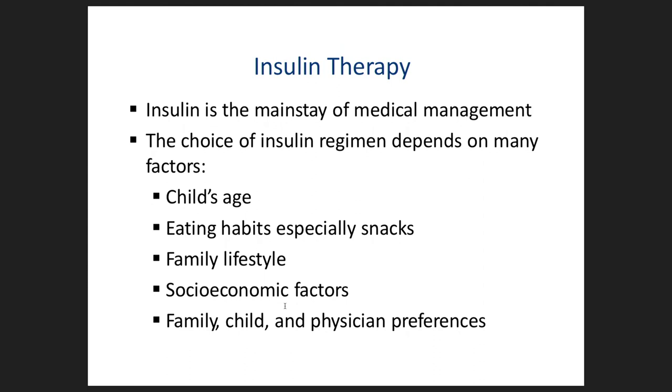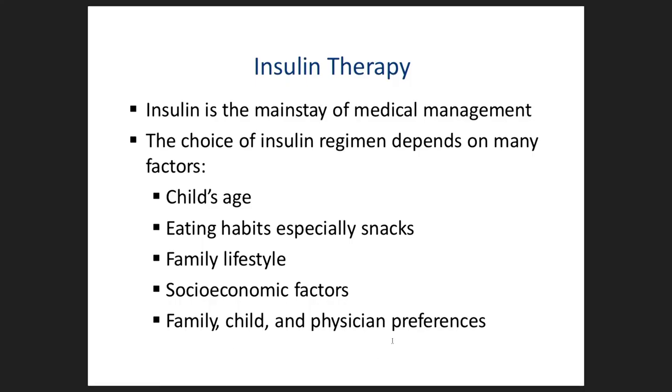Socioeconomic factors. If the family is poor or of low socioeconomic class, we should not give them an expensive form of insulin. There are other good choices that we could use, which are lower cost than the new expensive insulin. And always we have to discuss with the family how the insulin works, what the peak of the insulin is, the duration of the insulin, what the characteristics of insulin are.